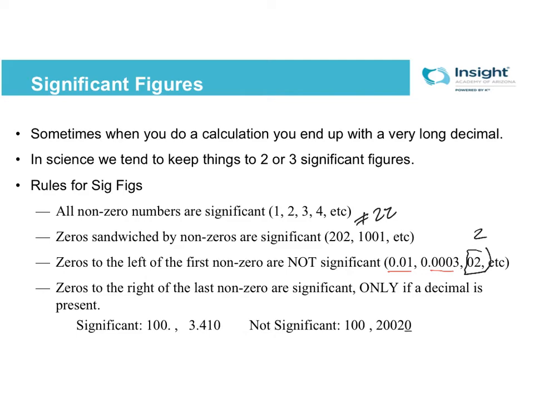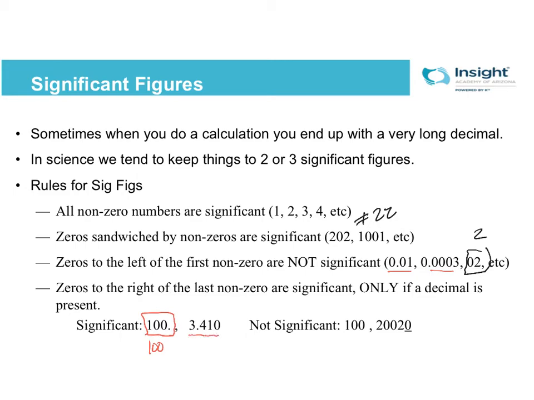The only time they ever are is if you intentionally put a decimal in there. So if, for example, you write 100 with a decimal point instead of just 100, that means those zeros are significant. That means you measured it to an accuracy of it being exactly 100. You're not approximating that it's 100, it's exactly 100. Same thing here.